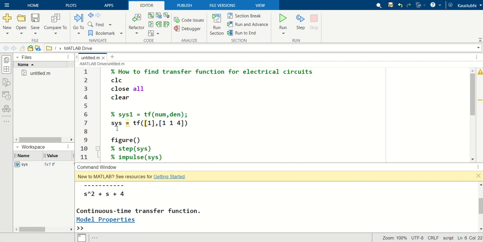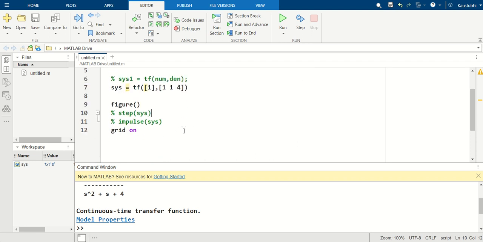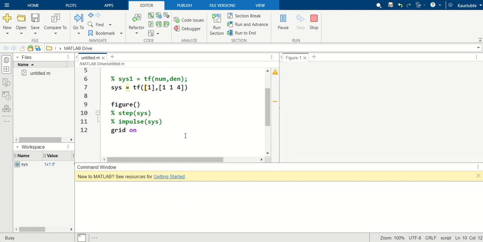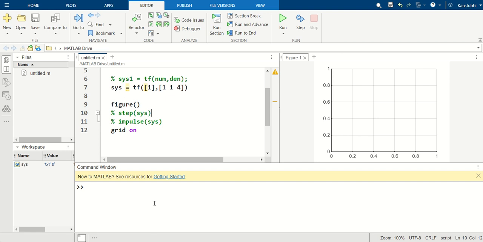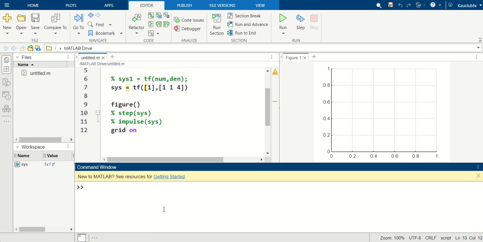Instead, we can write system equals TF of 1 comma 1 1 4, and put a figure for your responses. Let us first run this and see how the system looks.